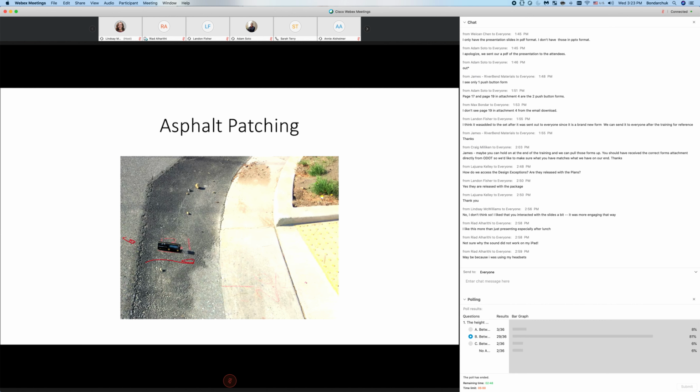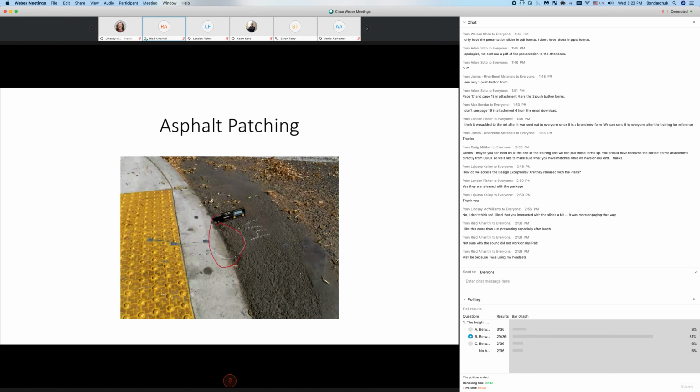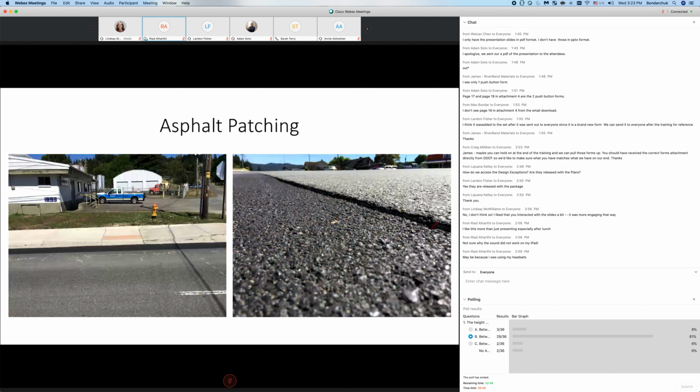We talked about the 5%, which is failing. And here, the patch is creating a lip. Should be flush. Should be no lips all around within the proximity limit. Another lip. Should not happen here.